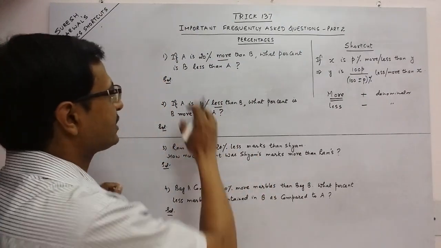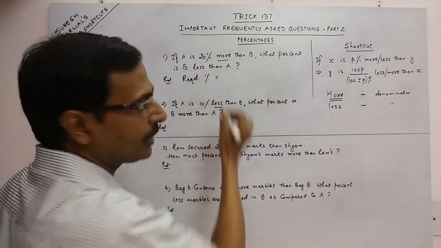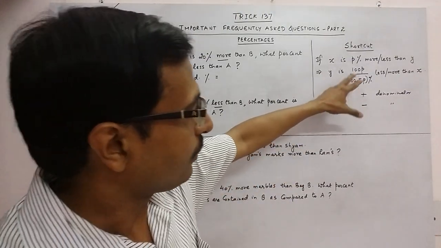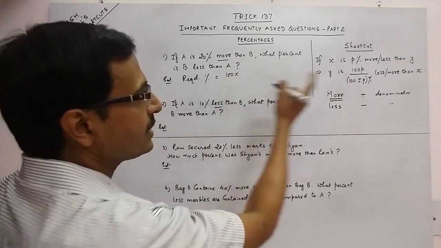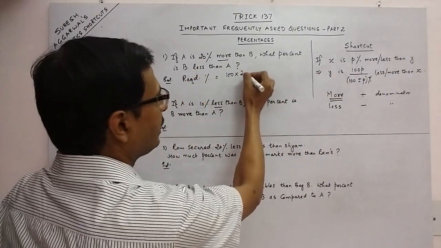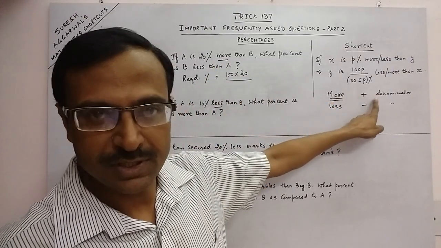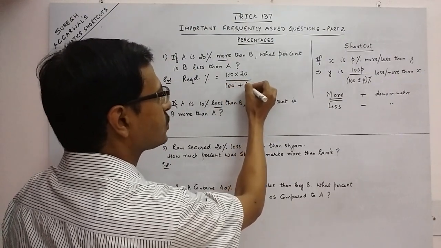We need to find the required percentage. The required percentage can be found out by using this percentage formula. So 100 into P. Now P is the given percentage, which is 20% here. So 20, and since we have the word more here, more means positive sign. So we have 100 plus 20.